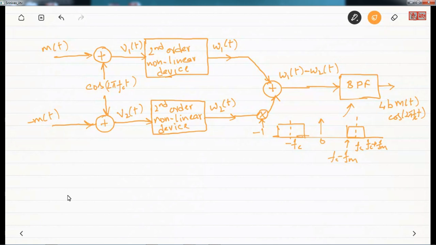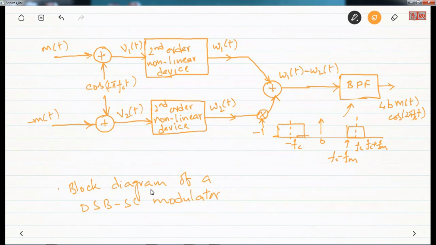Okay, so this is the block diagram of a DSB-SC modulator, right? So some of you may write multiplying by minus 1 here.